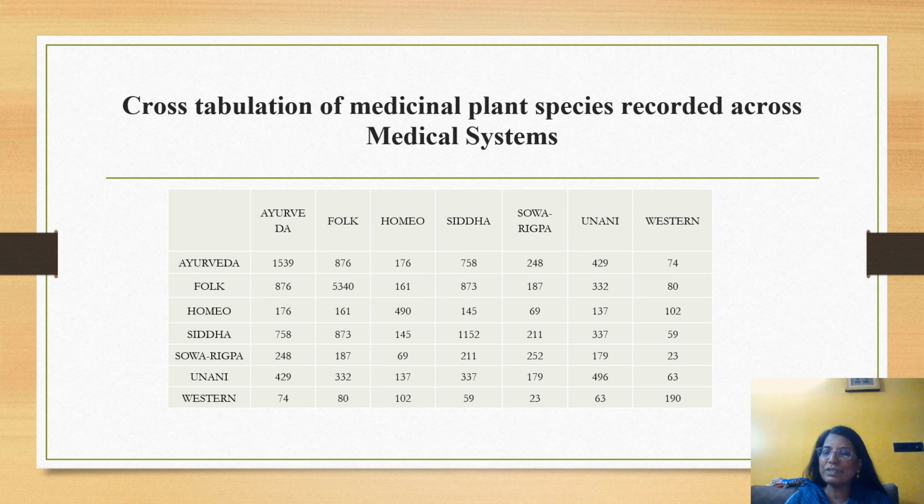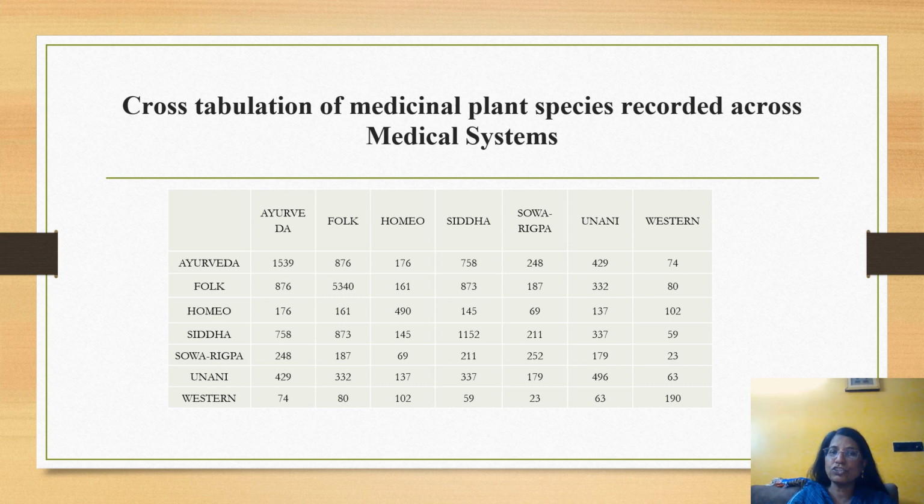So these are the unique species that have been used in the Ayurveda system. The plant species used in both Ayurveda and folk are about 800 and odd species. Then common plants used in Ayurveda and Homeo are 176 species. So that is how it goes on.